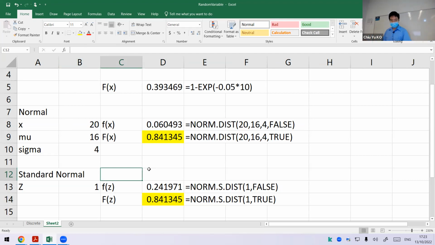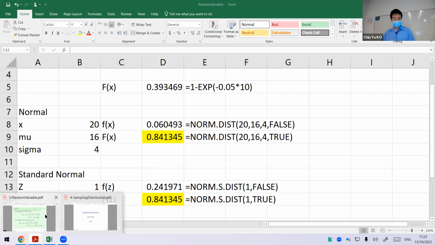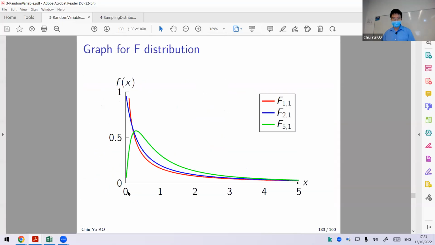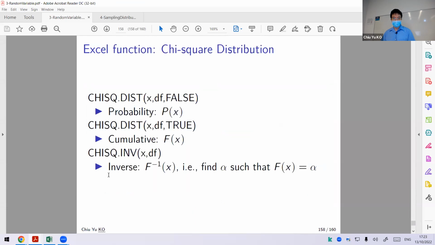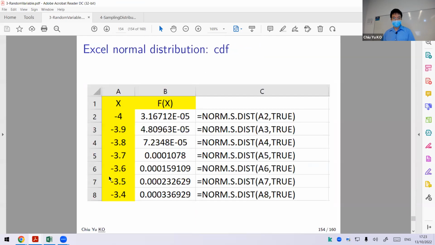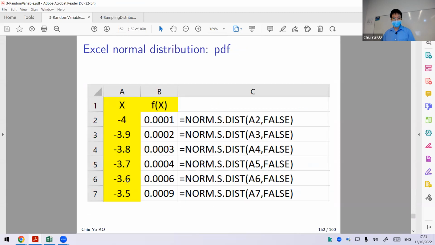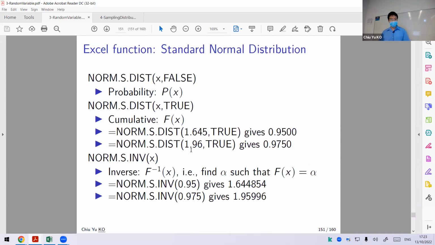Okay, and the last one I want to say for this is we want to look at what we call the norm inverse. Okay, norm inverse.